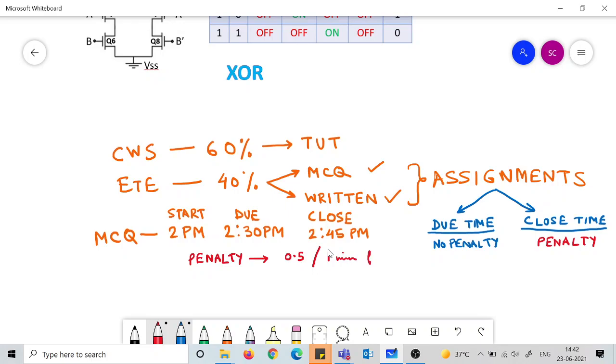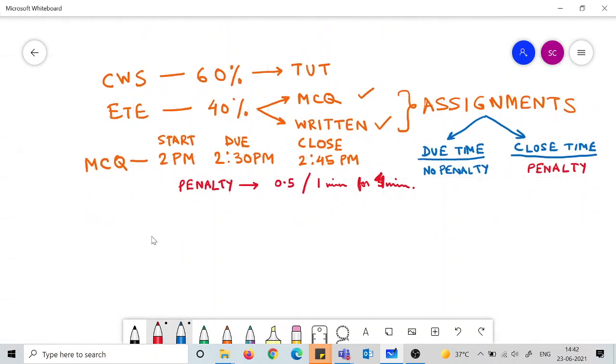Or you can say 4 minutes, from 231 to 235. 231 I will excuse, the first minute I will excuse because some time may be taken while uploading. Someone pressing the submit button at 230 may take it to 231 while doing the submission, but after that from 232 to 235 each minute 0.5 marks penalty would be counted.